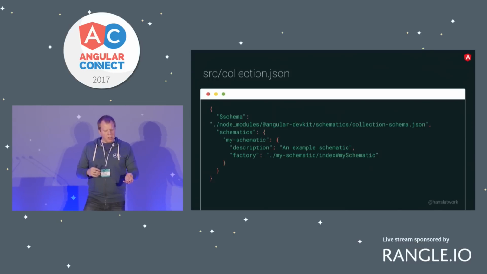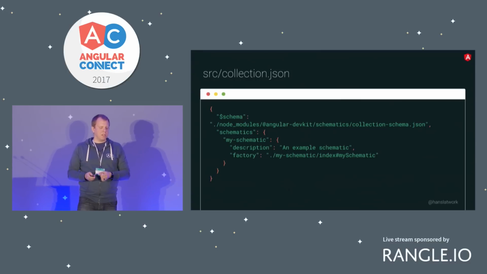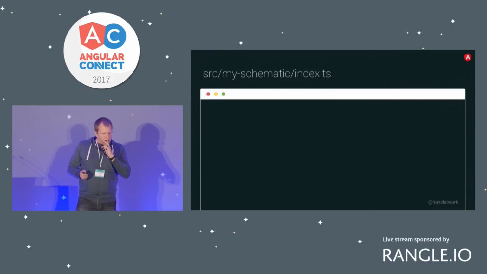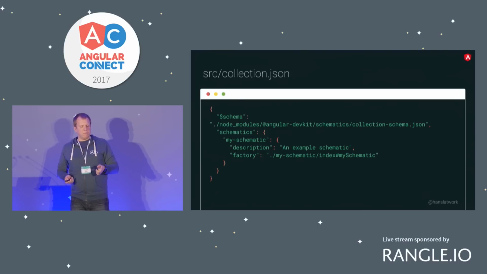There is a factory, which points to the rule factory, and optionally, there could be a schema in here. If you want an example of a schema, there is a schematic that contains a schema and all the validation that we support. The factory itself points to the rule factory, which is in index.ts inside the my schematic folder.